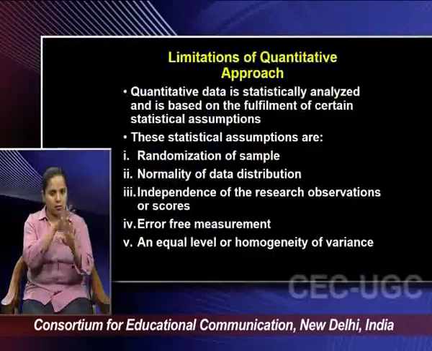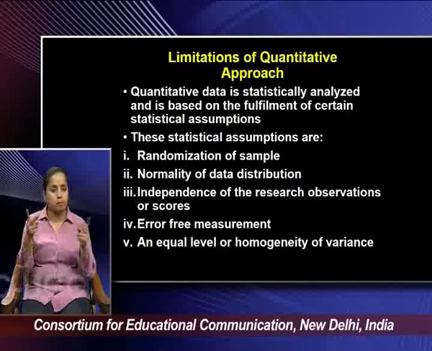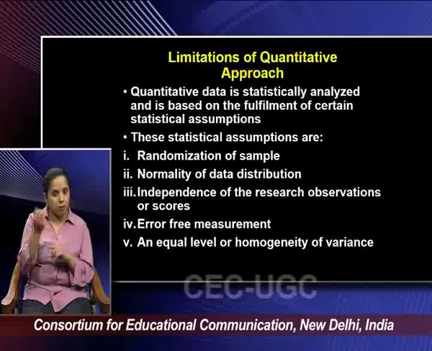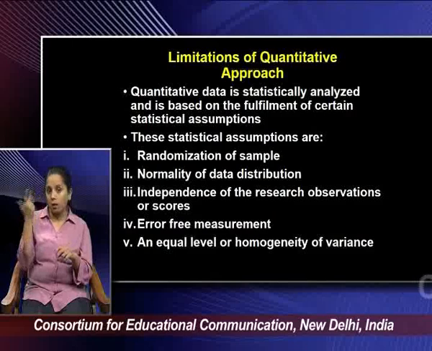However, it also suffers from some major limitations, which are mentioned here. Since quantitative data is statistically analyzed and is based on the fulfillment of certain statistical assumptions, we will find some problems in applying this to research.